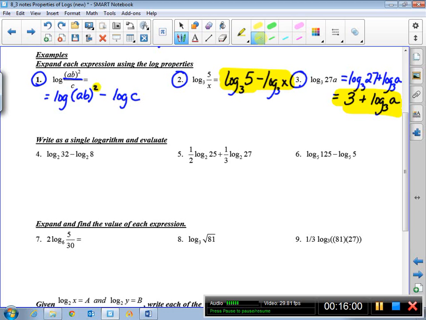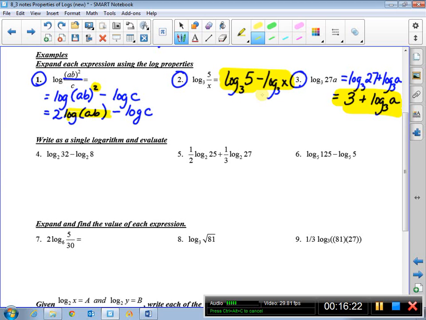Let me use this little highlighter. I have that exponent, which needs to come out front. So only out in front of this log, 2 log of A times B. And one more step, I have the log of a product.